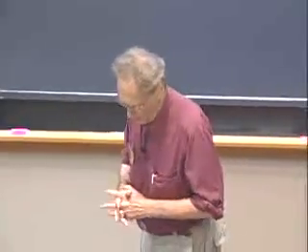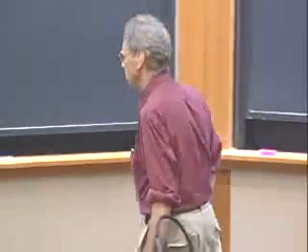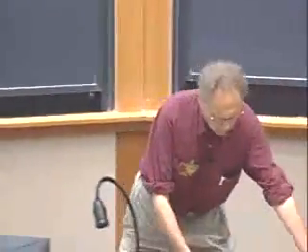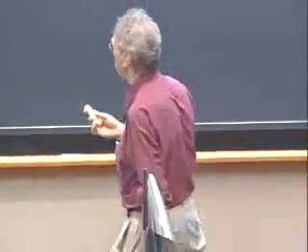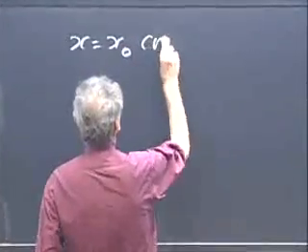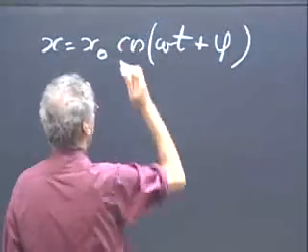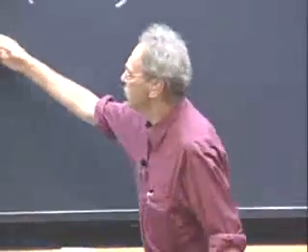Key, absolutely key in this course will be simple harmonic oscillations, because they're extremely common in nature. A simple harmonic oscillation, and you've seen this, of course, in 8.01, can be written as follows: x equals x0 cosine(omega t plus phi). You can write a sine here if you want to. x0 is the amplitude.